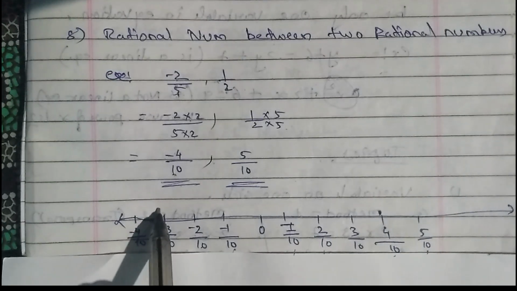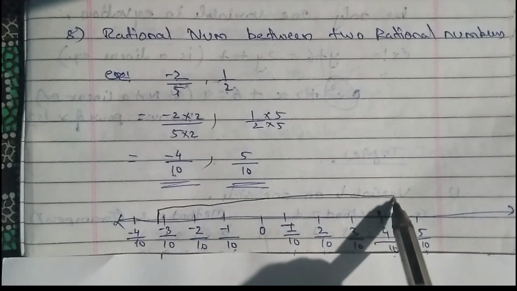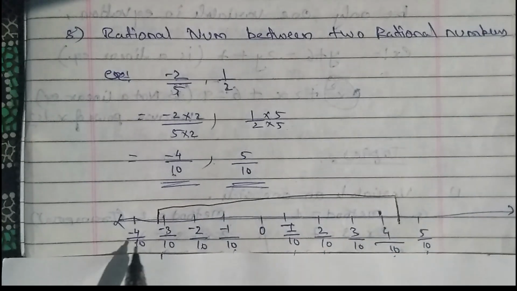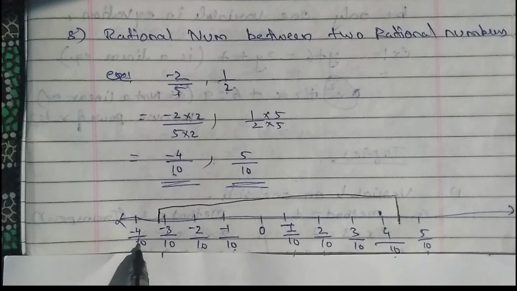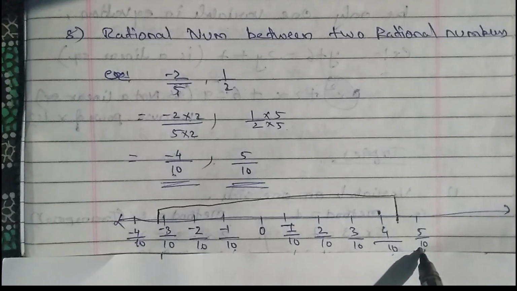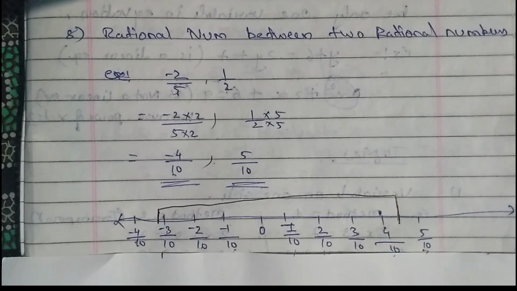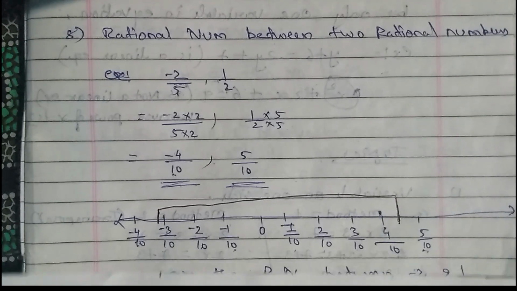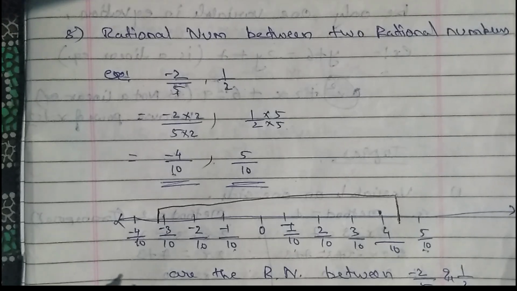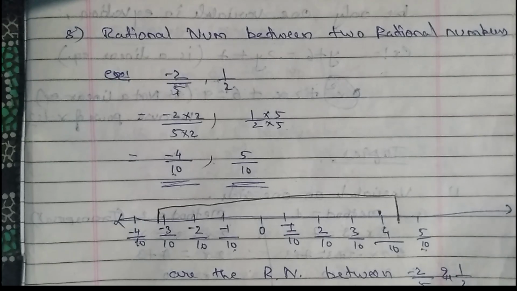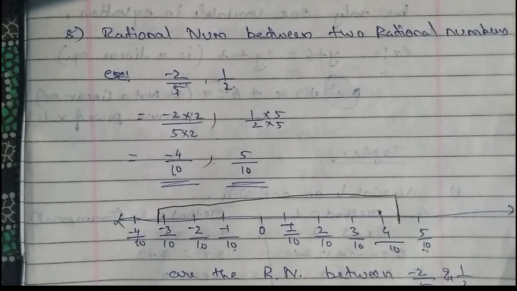So these are the rational numbers between minus 4 upon 10 and 5 upon 10, or you can say these are the rational numbers between minus 2 upon 5 and 1 upon 2.